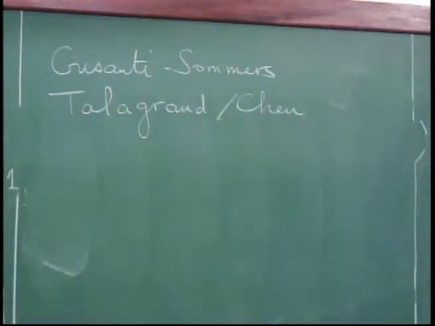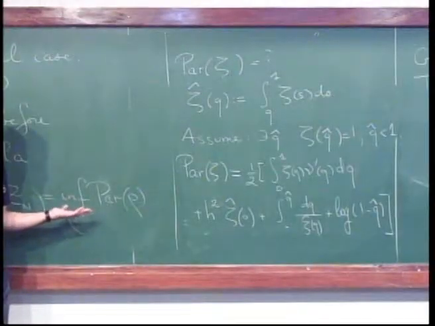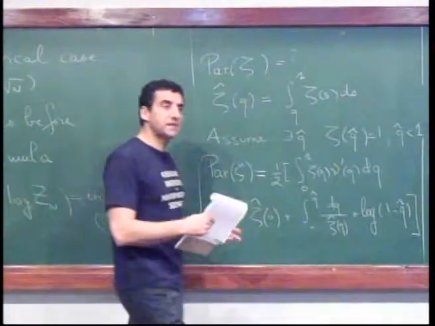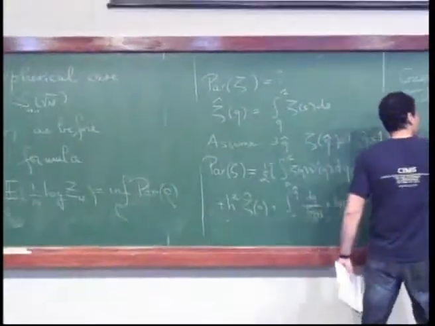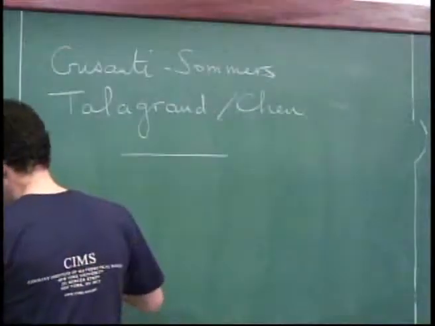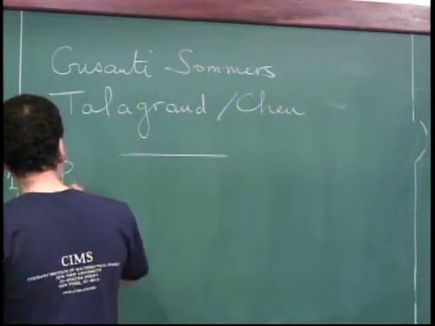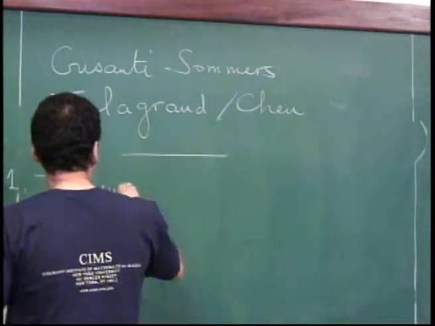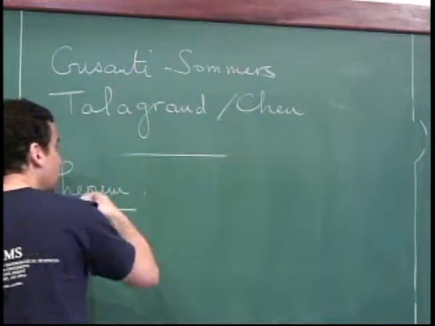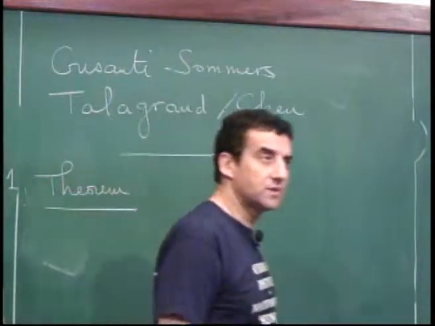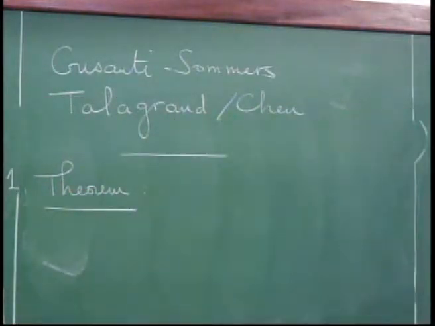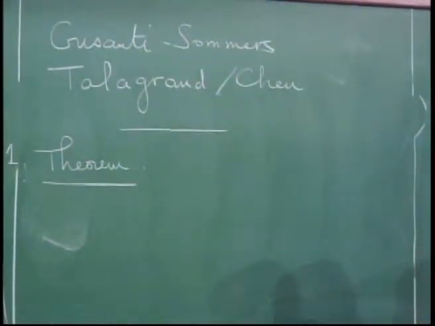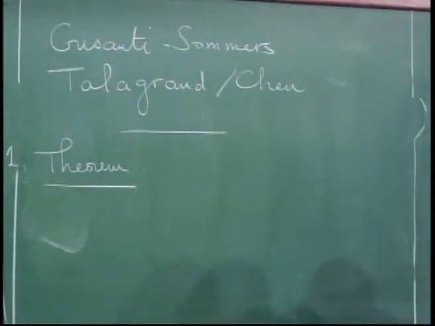In this case, can we say something about the structure of this variational problem? And in fact, in the spherical case, we can say a bit more. So that's a theorem, which is also, I didn't check that Chen extended this, but I'm sure it's true. It was proven in the first paper of Talagrand.